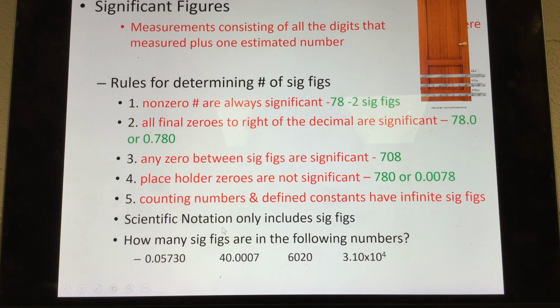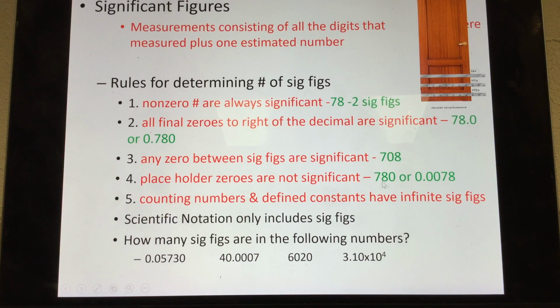Oh yes, and scientific notation: when we are writing a number in scientific notation, we only include what is significant. So like up here, this 78.0, since that 0 is significant, if we were to put that in scientific notation, that would be 7.80 times 10 to the 1 power, because that 0 is significant.